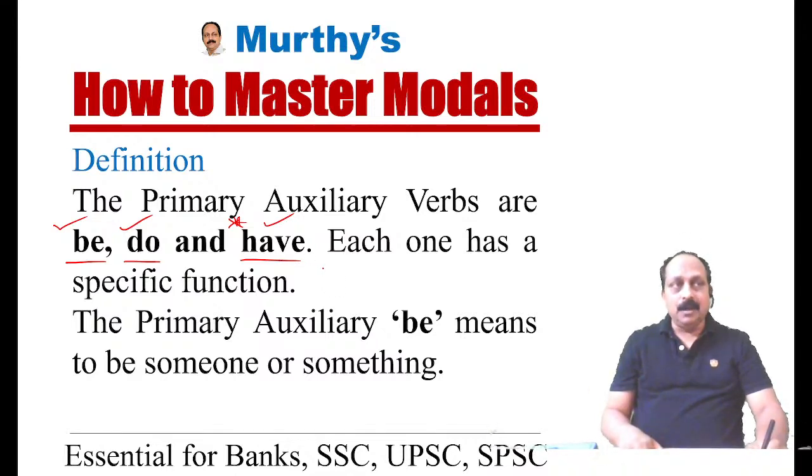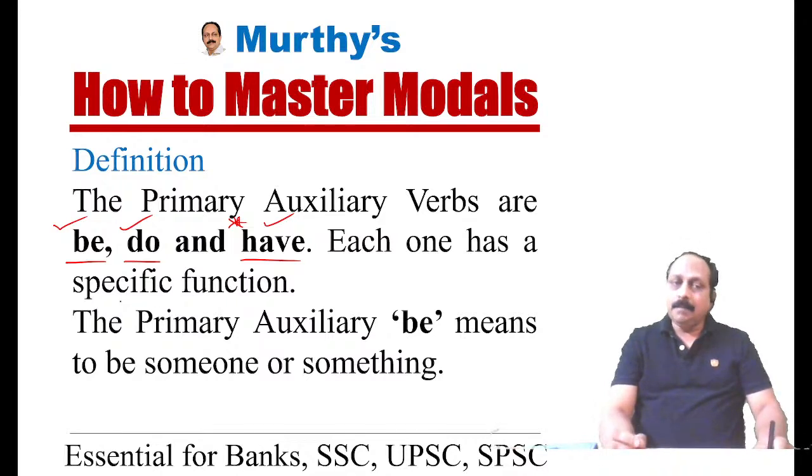The three meanings are: it means eat, it means drink, it also means possess. The third meaning is very important. In so many competitive exams, they have given questions based on the meaning of the primary auxiliary have. When it means possession, it conveys possession. There is a rule that I'm going to talk about later.